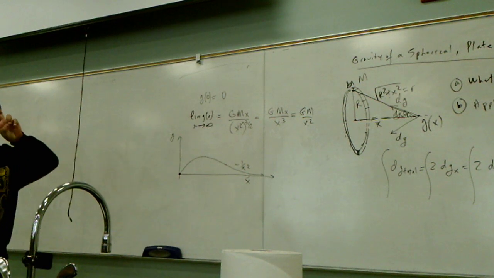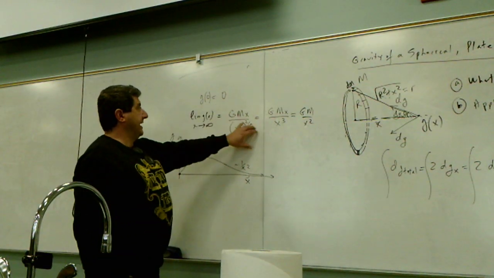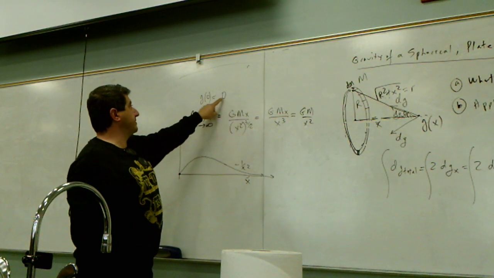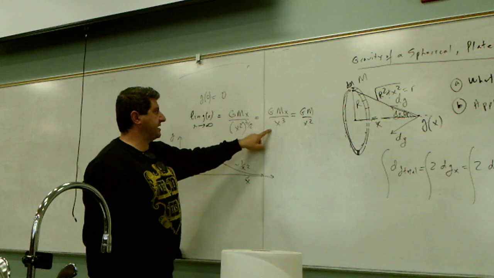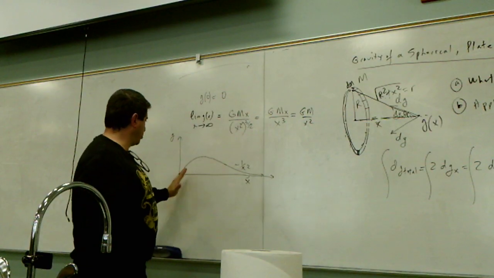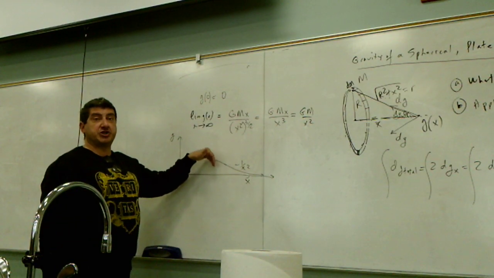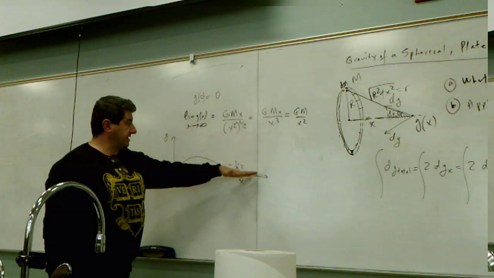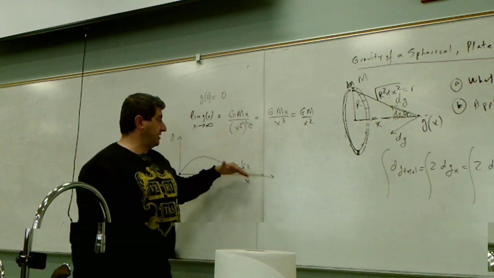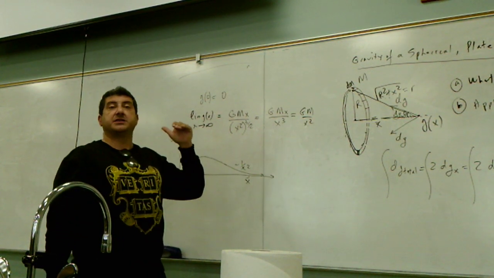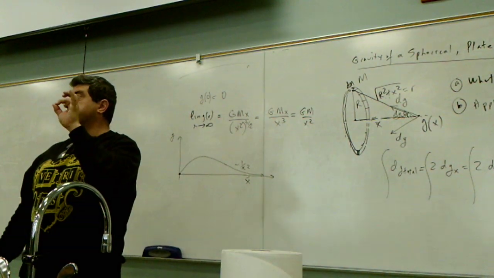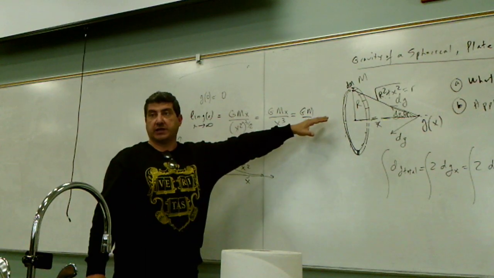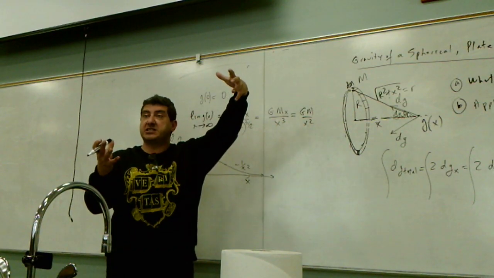So there's two ways to analyze and see if these answers are making sense. One way is what we just did. Find out the limit as x goes to 0, the limit as x goes to infinity, and then try to plot the strength of the g field of the planet, like this, right? And then see if it's making sense. As you go to infinity, it's behaving like the point mass. The other thing to do is to plot what the gravitational field of that object will look like. The gravitational field it creates in space.